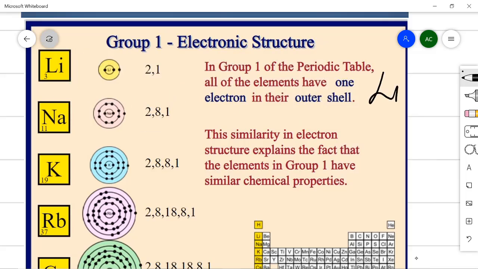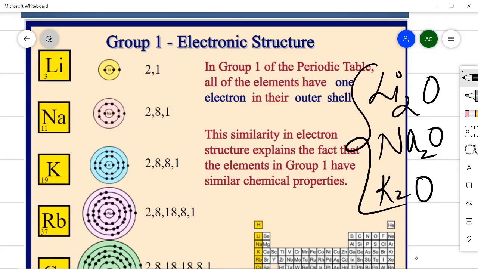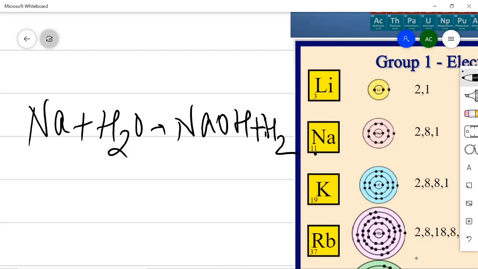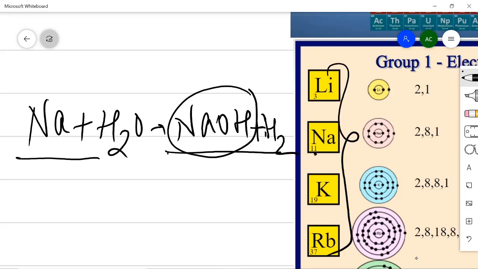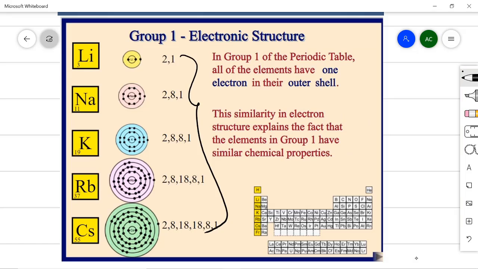So, the formulas are Li2O, Na2O, and these are all basic in nature. And when the first group elements react with water, they form metal hydroxide and hydrogen gas.